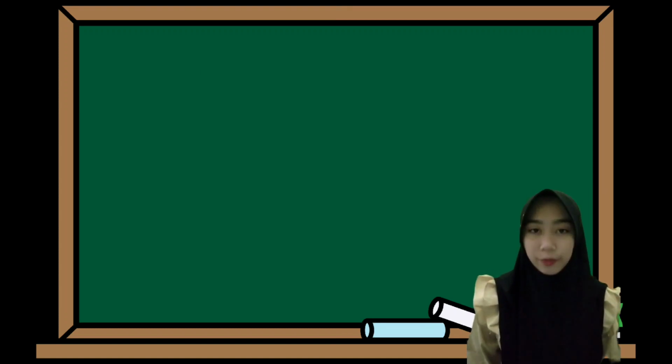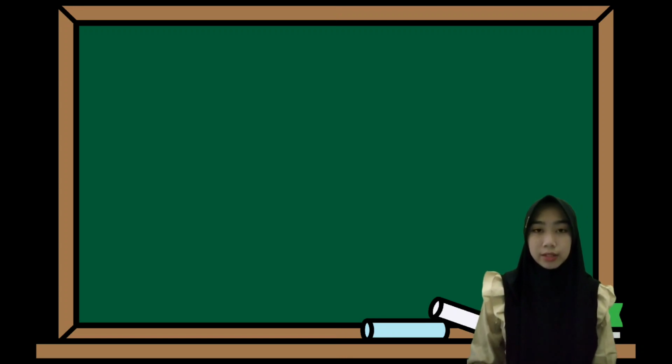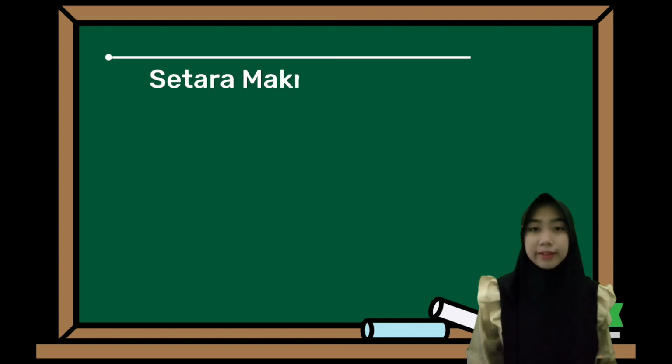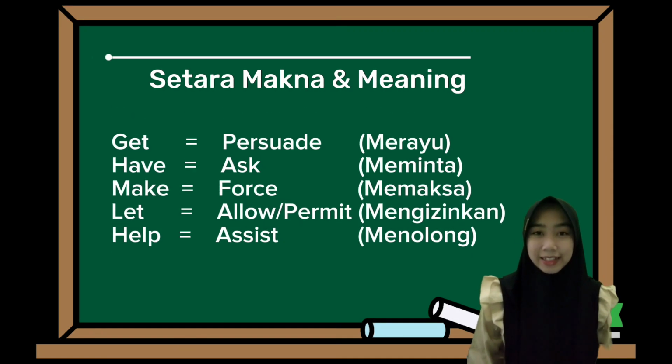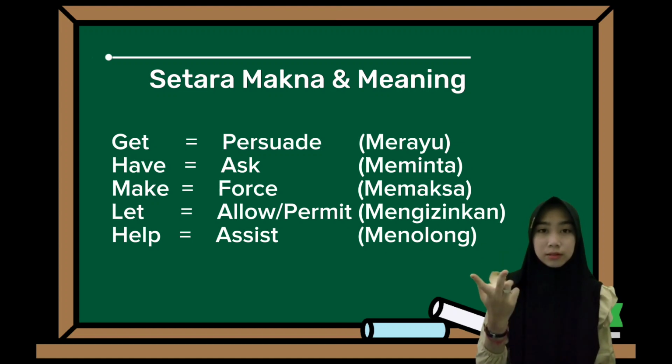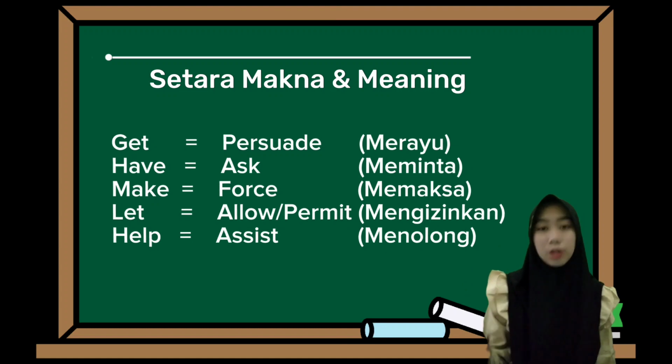Also, in these causative verbs, there is a setara makna or equivalent: get is persuade, have is ask, make is force, let is allow or permit, and help is assist. What is the meaning? Merayu, meminta, memaksa, mengizinkan, and menolong.